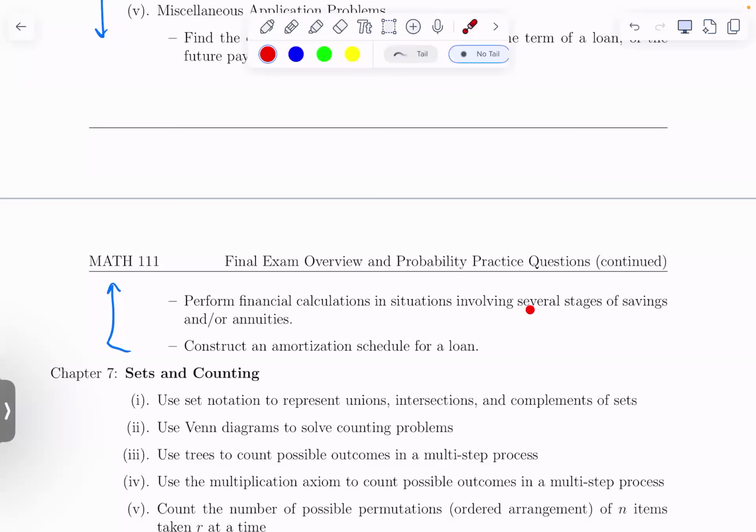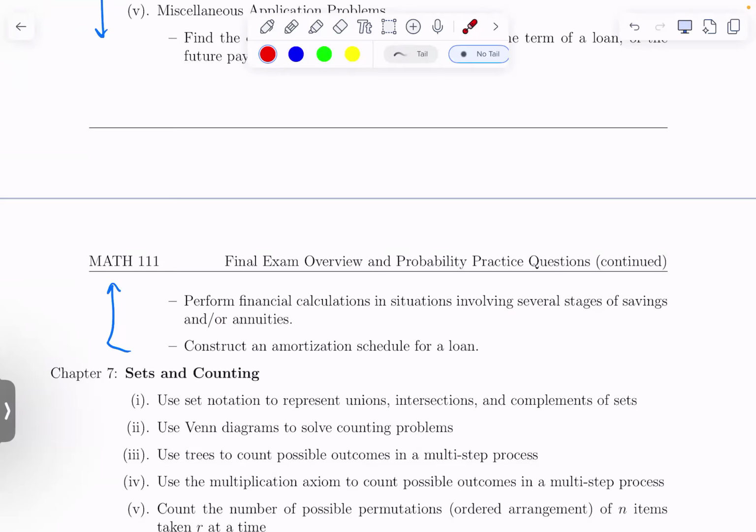Several stages of savings and or annuities, like the one on the test where you had to, I can't remember who it was, Mrs. Garcia maybe, I feel like it was one of those. Right? She's saving until a point, and then she wants to withdraw.